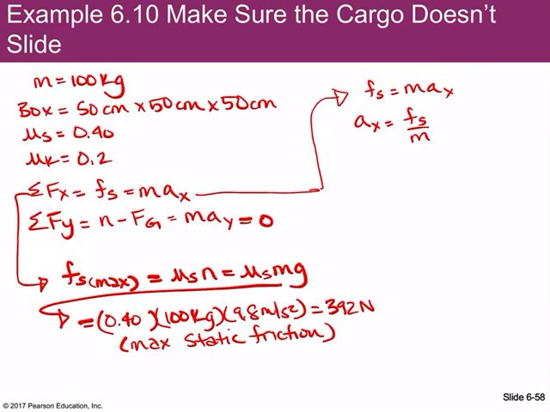We already solved for the static friction of 392 newtons, divided by the mass that it gave us, which was 100 kilograms. That ends up giving you a maximum acceleration of 3.92 meters per second squared.